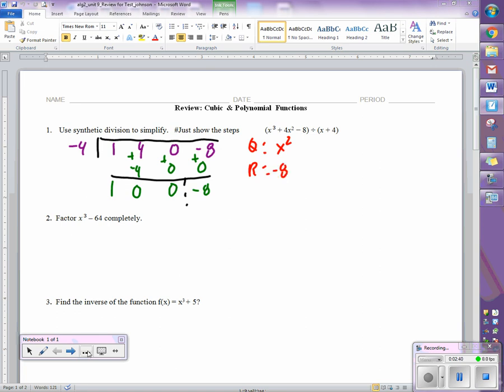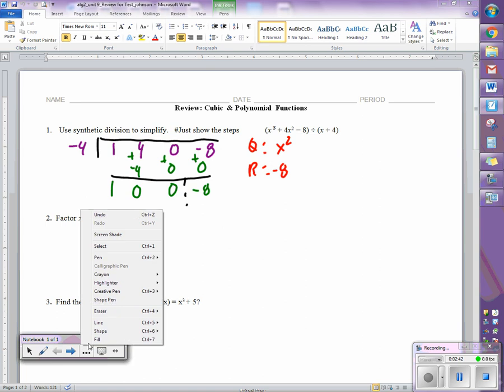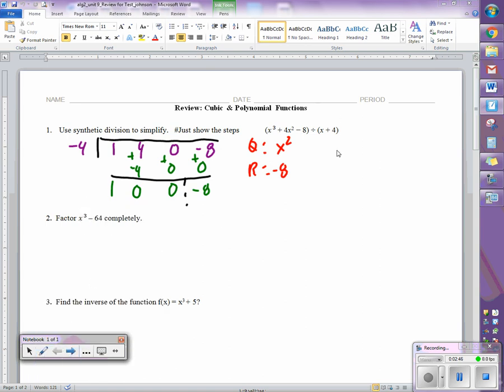So I can write it separate like that, or I could also express it as an equation. So it would say x squared minus 8 over x plus 4. Be prepared for anything on this test, so that's why I gave you both presentation styles. Again, the quotient and the remainder separate, or all together as one.